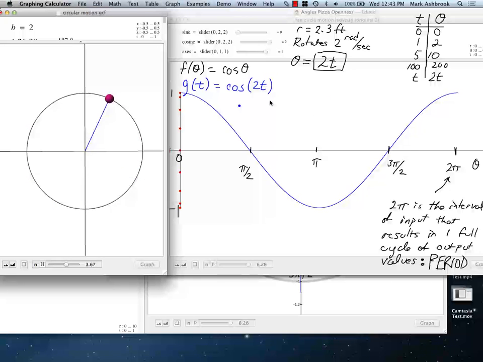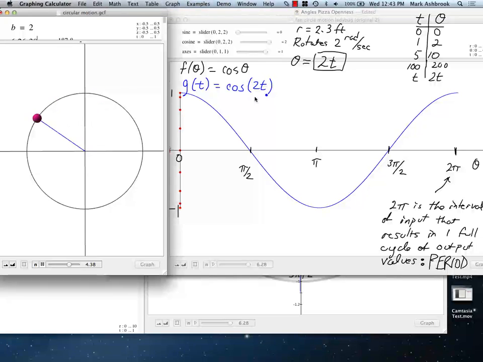So now the period of this function is different because now we're saying what interval of t, because t is our input, gives us one full cycle of output values. Well, the way that we do that is we know what the period of cosine is.